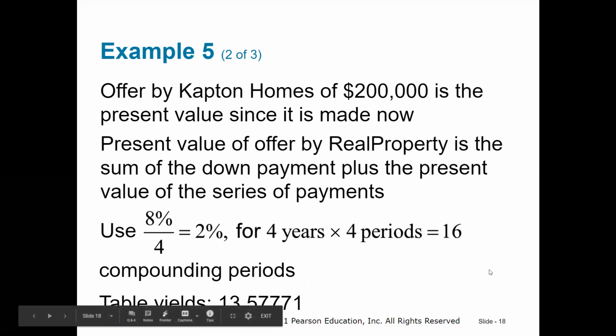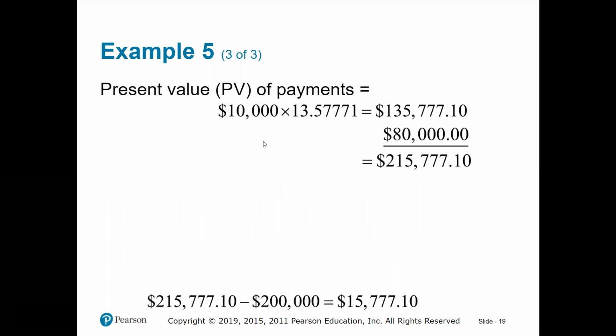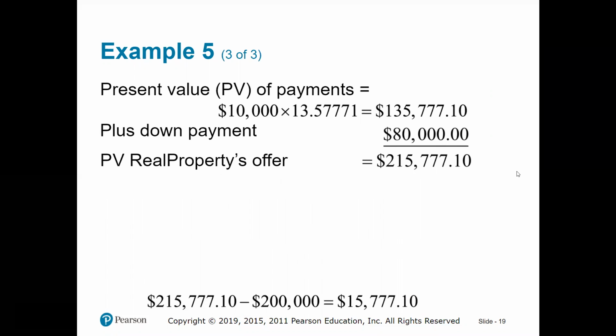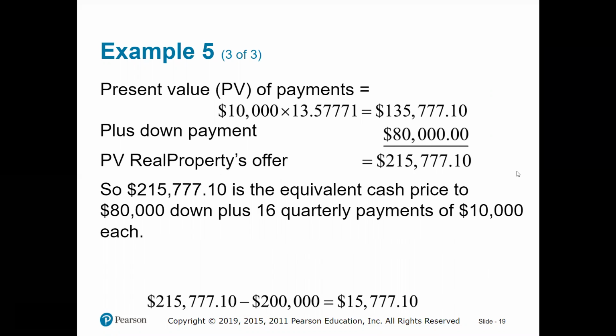So we take the table amount times the $10,000. The $200,000 is left alone. So then we do that to figure out how much the other offer was worth.